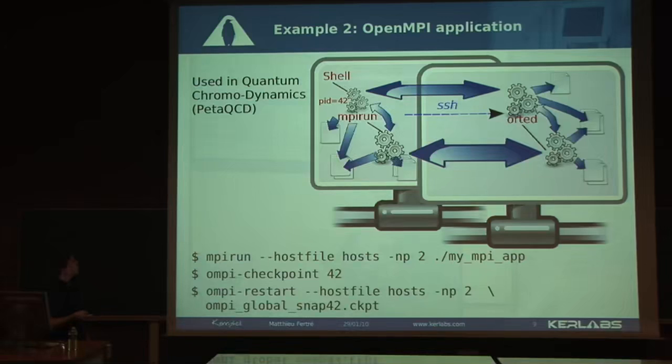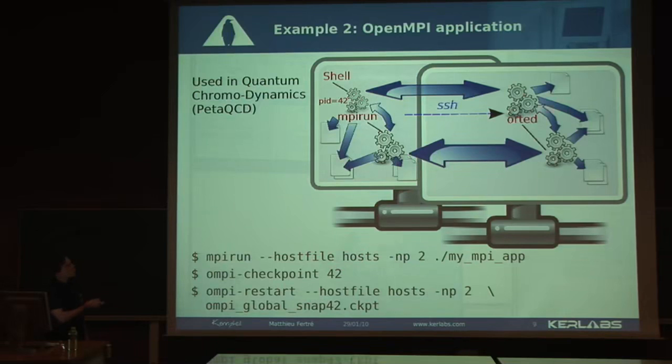Then in OpenMPI, you have a way to checkpoint your application. So you identify your application with the PID of mpirun. I just forgot to explain how the application is started exactly. So you run mpirun, then mpirun will establish SSH communication to the different nodes specified in the host file.